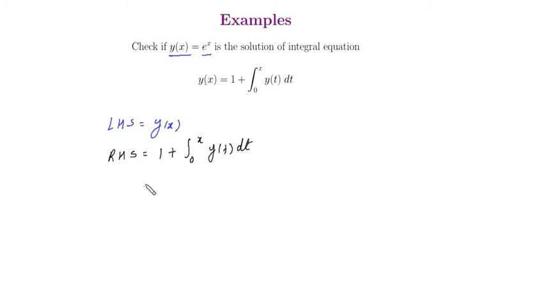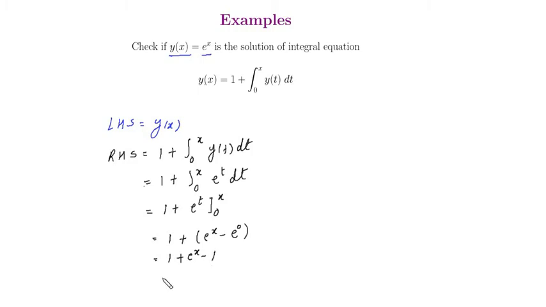So 1 plus integral from 0 to x e raised to t dt, and of course the integral of e raised to t is e raised to t. So this is 1 plus e raised to t evaluated from 0 to x, which is 1 plus e raised to x minus e raised to 0, and this is 1 plus e raised to x minus 1, and that is nothing but e raised to x.